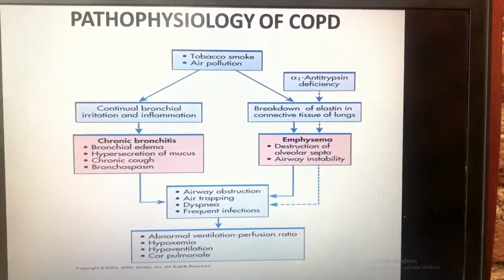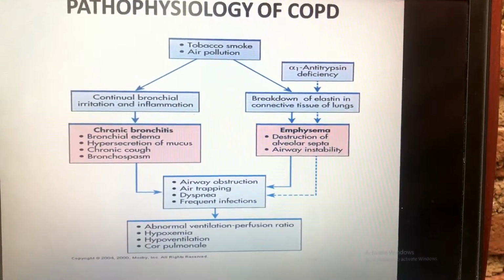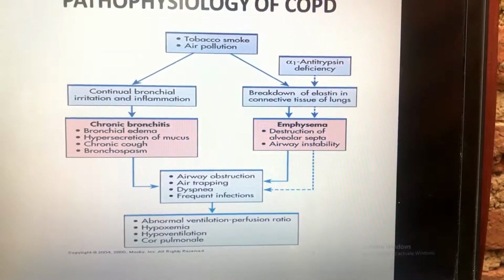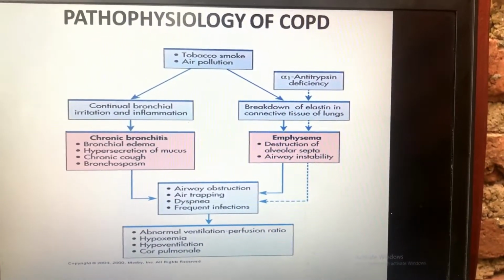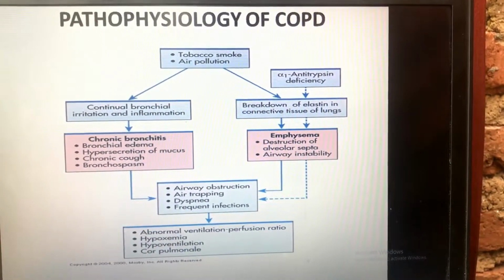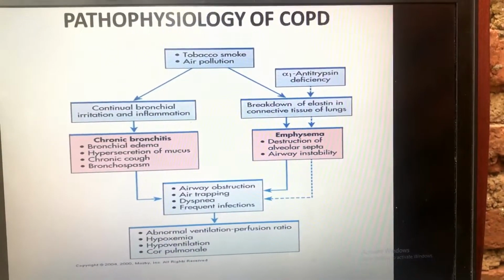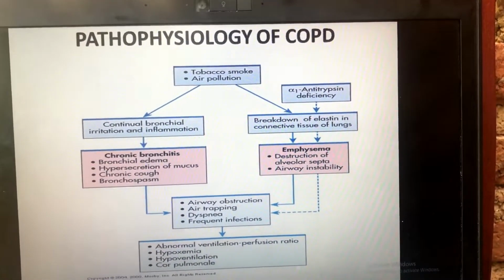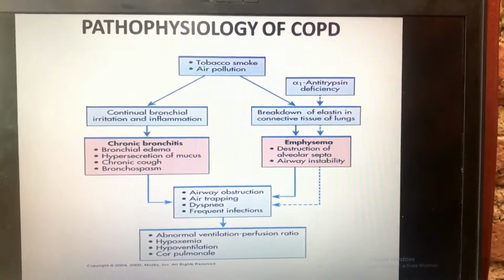How can we summarize the pathophysiology of COPD? We have seen that the risk factors for COPD are tobacco smoke and air pollution that will irritate the lungs. Also, COPD is characterized by 2 diseases. It's caused by 2 disease conditions: chronic bronchitis and emphysema. When we want to show the pathway of how chronic bronchitis can cause COPD, what happened now?